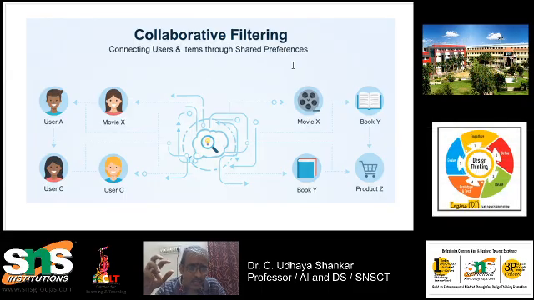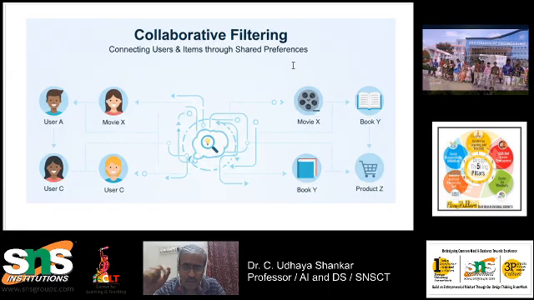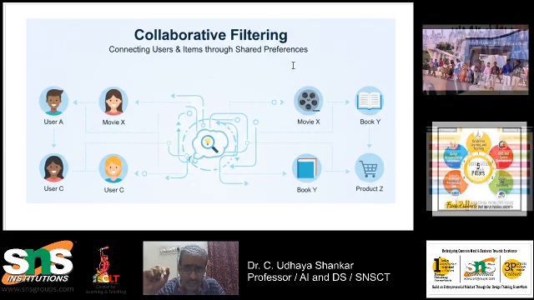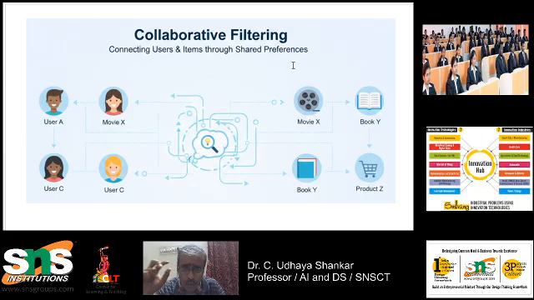The idea is that users who agreed in the past on a set of items will likely agree on the same items in the future. This is the core concept behind collaborative filtering.